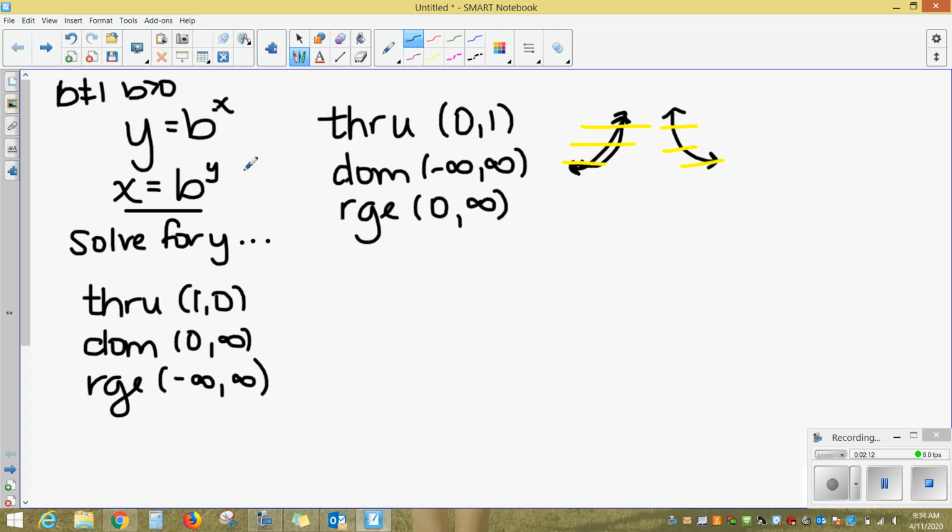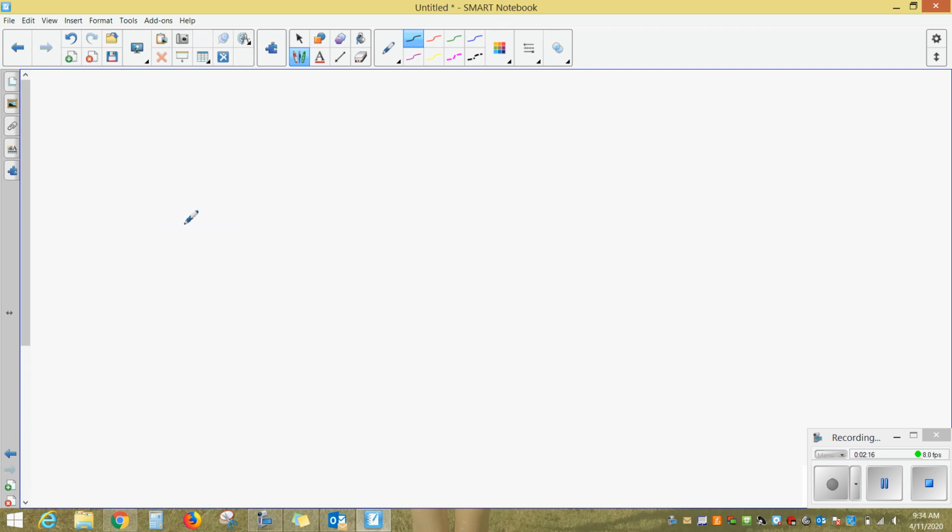So what we're going to talk about today is this new family of functions that says if x equals b to the y, that is true if and only if log base b of x equals y.